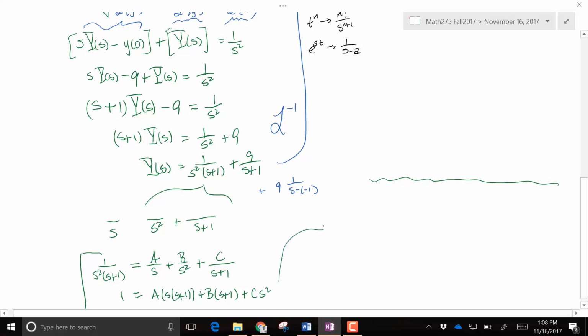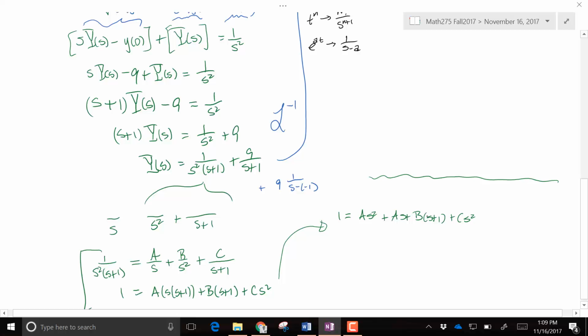So let's continue on over here. We're going to get 1 is equal to a s squared plus a s plus b s plus b plus c s squared. Is that right? Maybe I should multiply the b out.